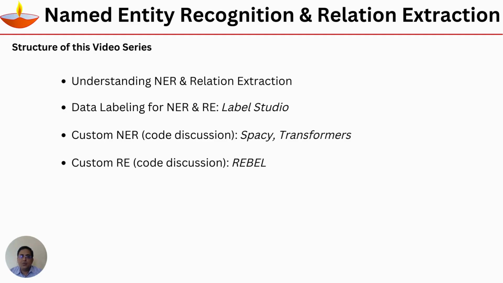In the previous video, we covered the BIO tagging, we had a code discussion, and we learned how to convert the Label Studio annotated data into the BIO format. Now we'll be using this data to essentially train a custom NER model, and we'll have the discussion around it in this particular video. Okay, so let's get into the code part of it.